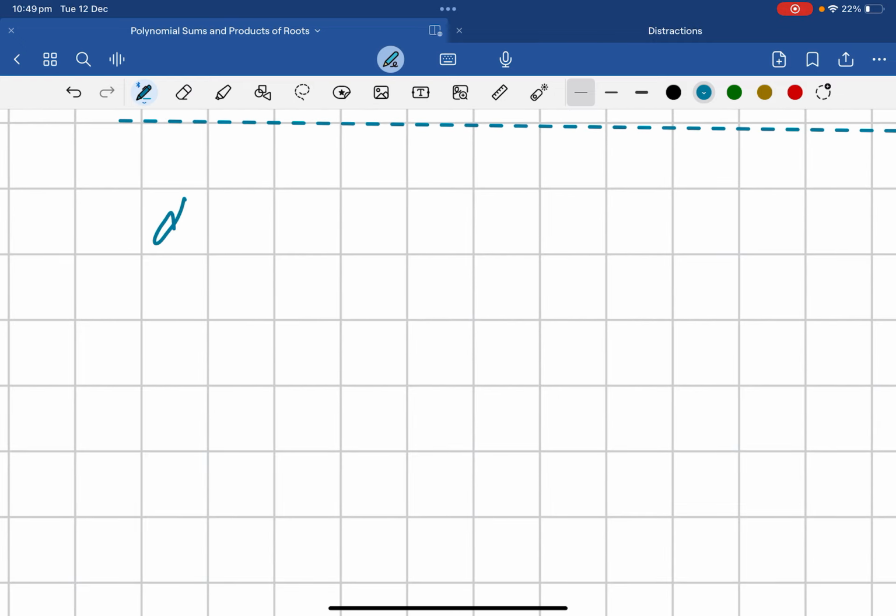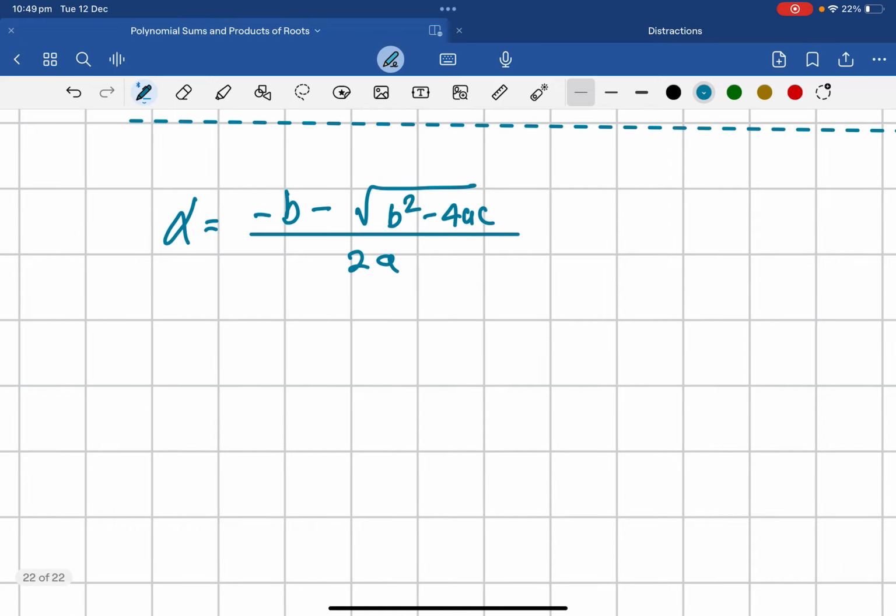We know that alpha is equal to minus b minus root b squared minus 4ac over 2a, because one of your roots is always figured out by the quadratic formula. Then the other root is basically lying at the plus.